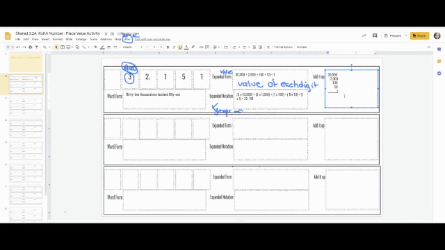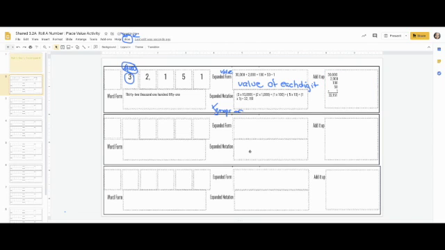Then we'll underline it, put the plus symbol in, and then all of this equals 32,151. All right, and so you will do that same thing here.